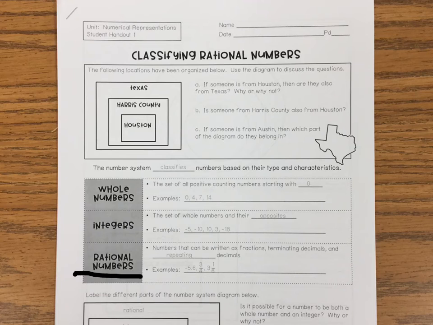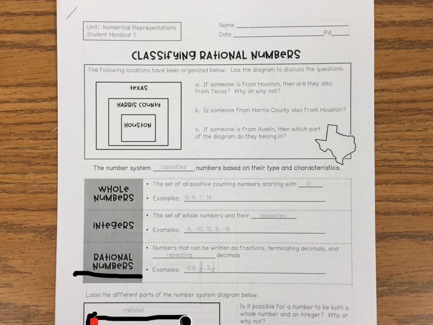And the integers are a little bit of a bigger section. They come next. And then we have the rational numbers.